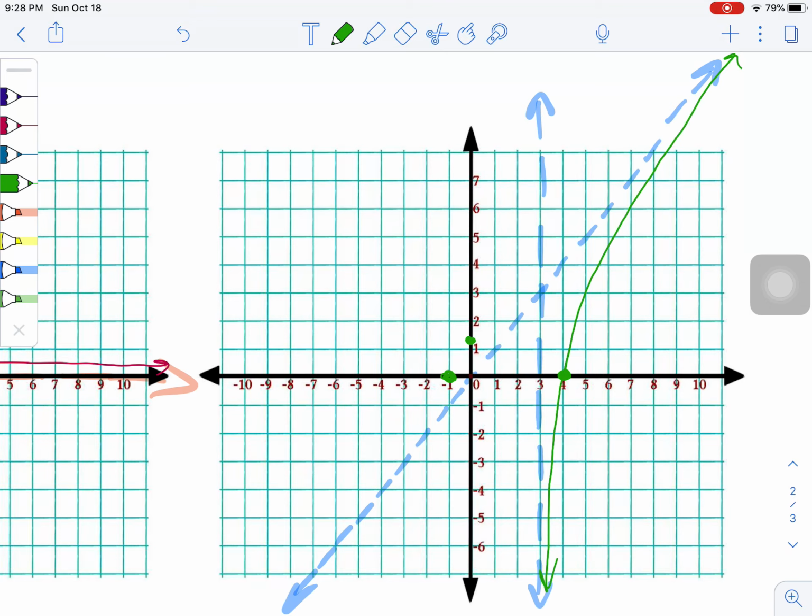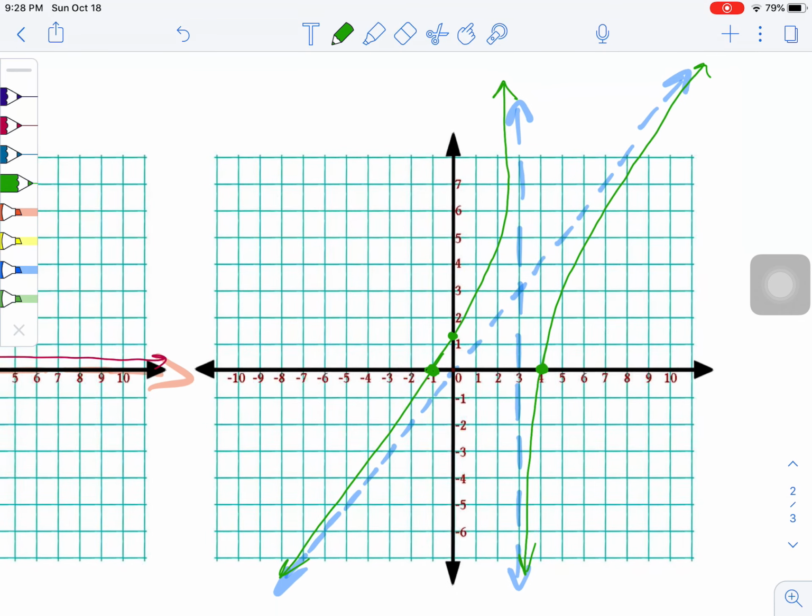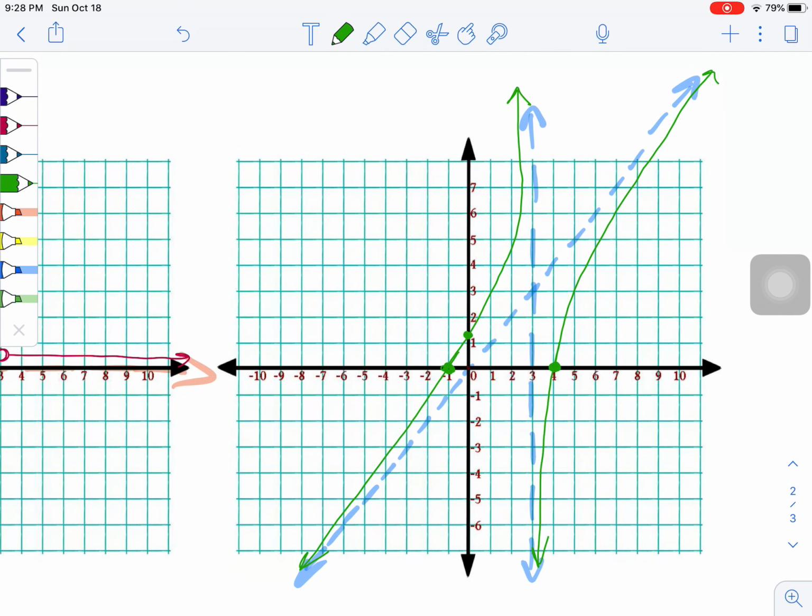And then the other half, I'm going to start with negative 1, go through the y-intercept. This is going to curve up towards your horizontal, sorry, that's a vertical asymptote. And then curve down and approach this oblique asymptote. Now remember, when you look at this graph, the green curves are the actual curves of the graph, not the blue dotted lines. All right, so the green is the actual curve. The blue dotted lines are the asymptotes to help us graph it.